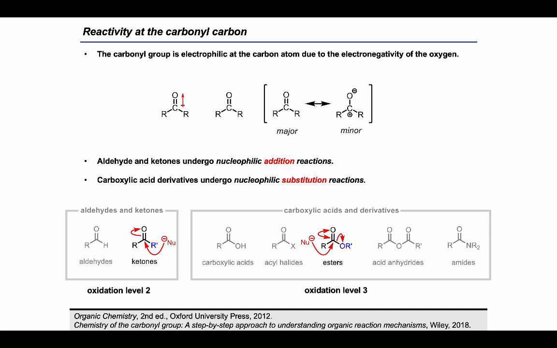The concept of oxidation levels is helpful when considering the reactivity of not just carbonyls, but of organic molecules in general. It allows us to determine when a particular reaction is an overall oxidation or reduction process, and can help us identify what type of reaction is needed to convert one functional group into another. This is useful when carrying out retrosynthetic analyses and when planning the forward synthesis of complex molecules.